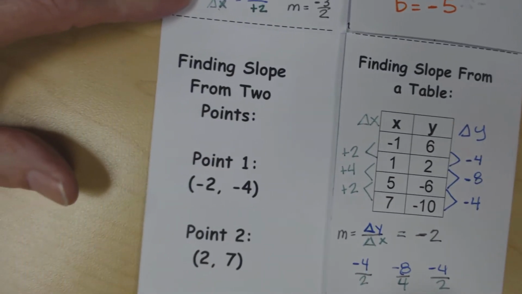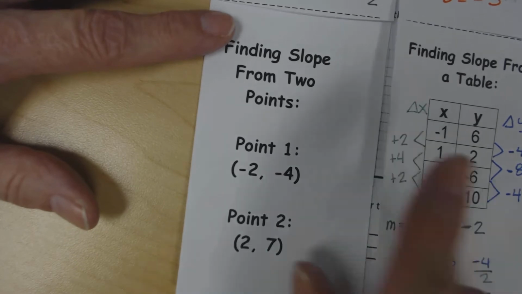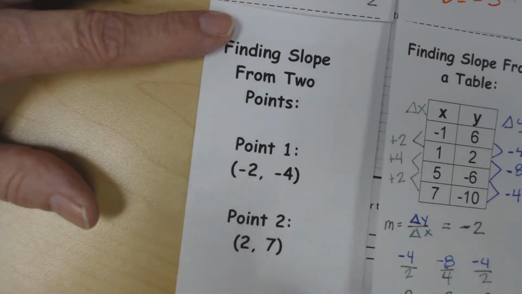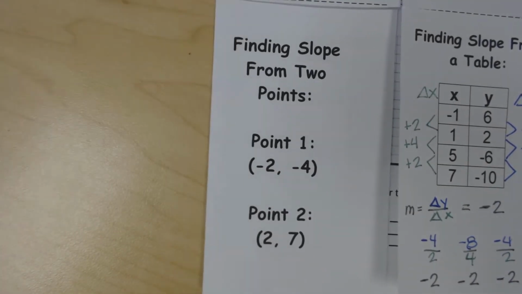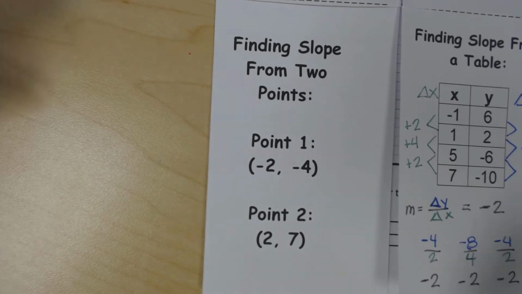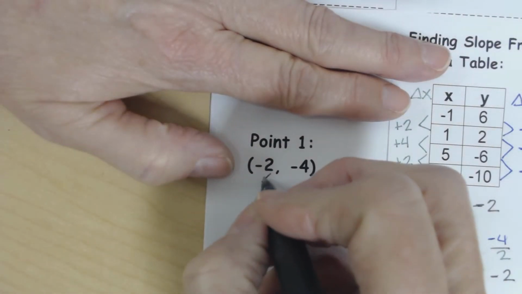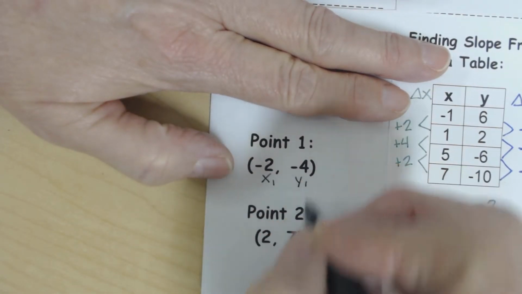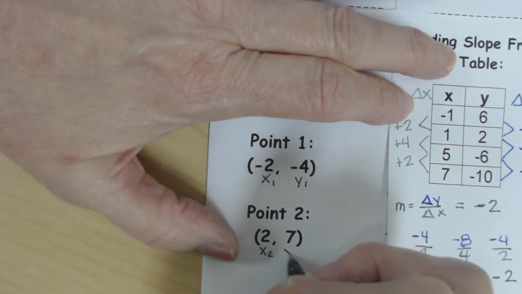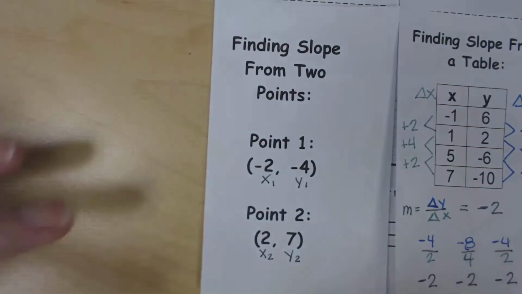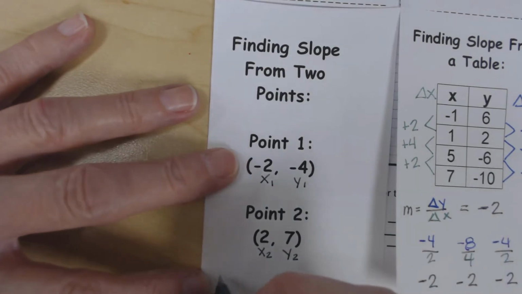Okay, and then the last one is finding slope from 2 points. We have point 1, -2, -4, and point 2 is 2, 7. All we have to do here is label. This is x sub 1, y sub 1, x sub 2, y sub 2, and then use the formula.